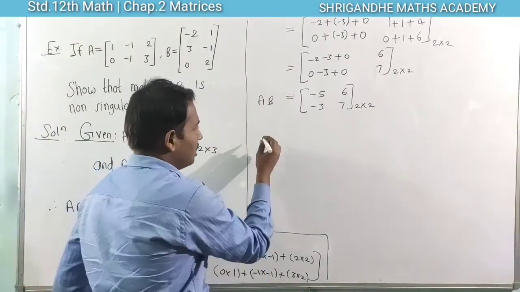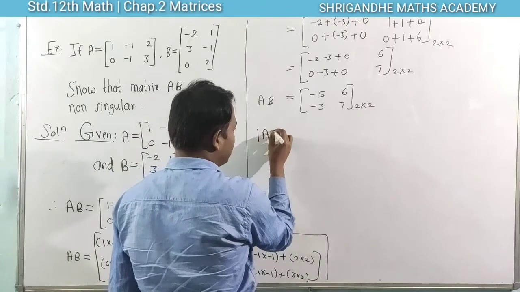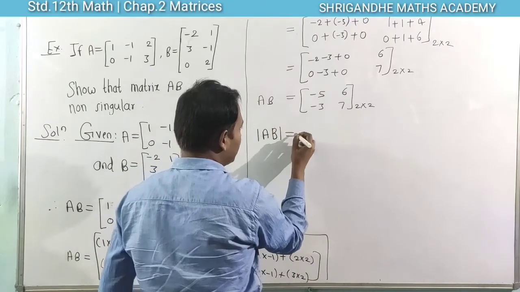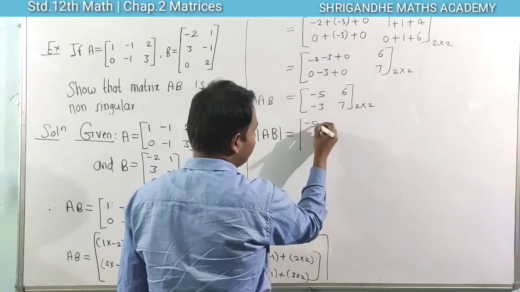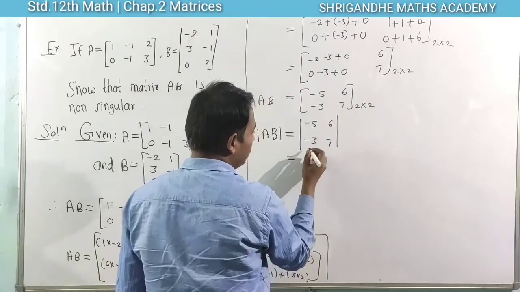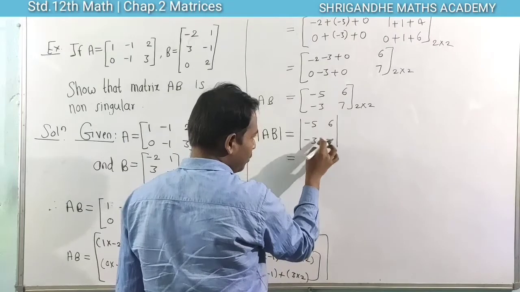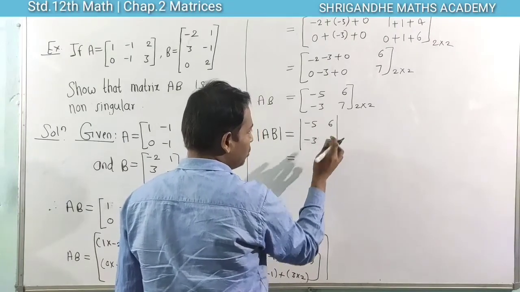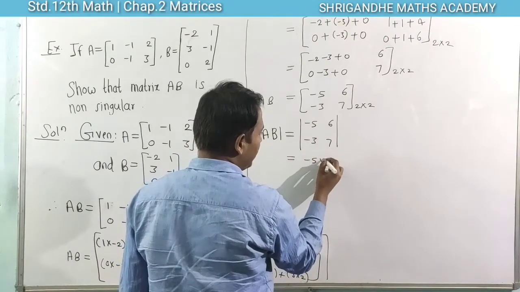Determinant of matrix AB, that is mod AB, is equal to mod of minus 5, 6, minus 3, 7. This is equal to cross multiply: minus 5 into 7 minus 3 into 6.